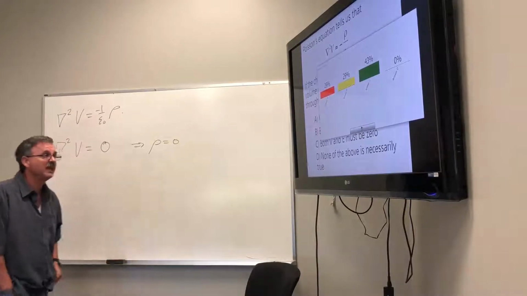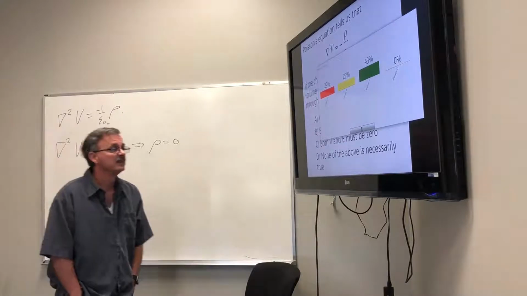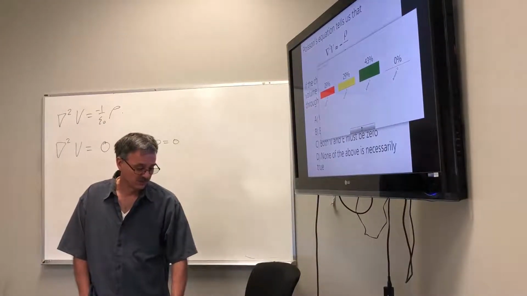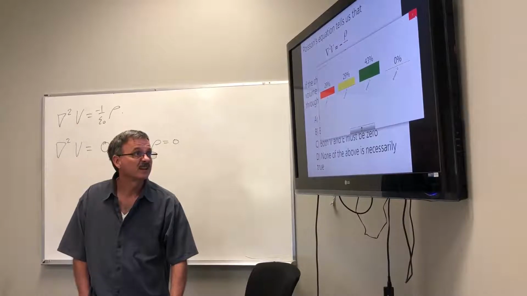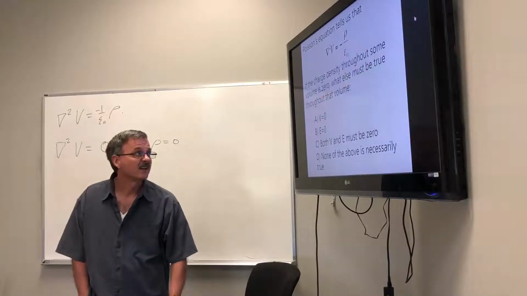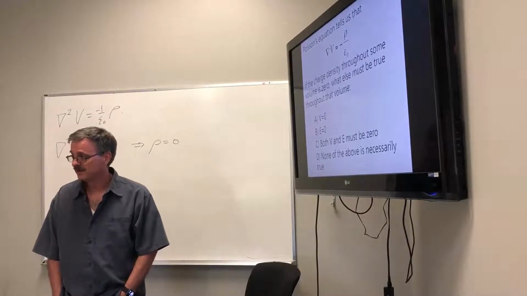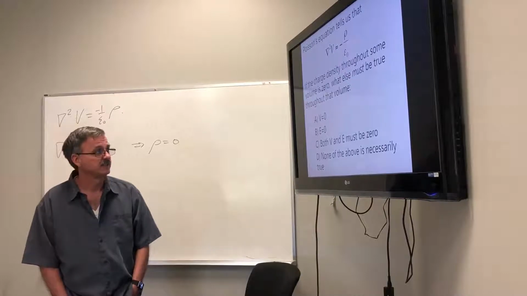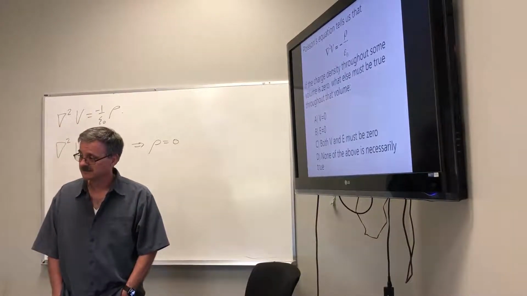So we got some A's, B's, and some C's. So the question is, what must the answer be? Well, we know A is true based on the equation. If the density is 0, the potential has to be 0?